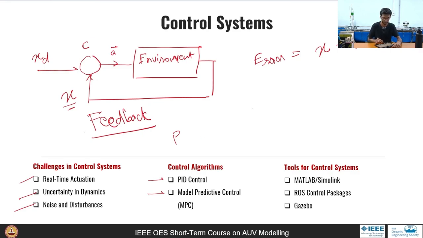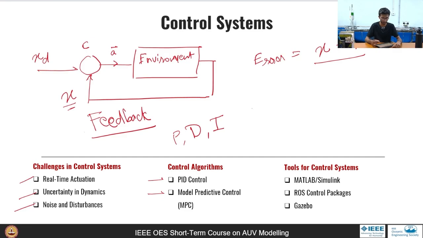A PID algorithm will use a correction factor proportional to this error, the derivative or the variation of this error over time, as well as the accumulation of this error, which is included in the integral term.